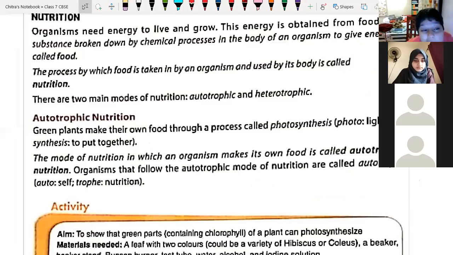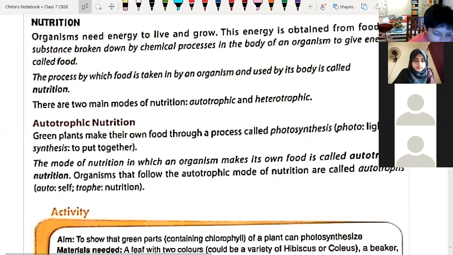Now we are going to understand what nutrition is. It is a very important life process performed by living organisms. Organisms need a continuous energy supply in order to grow and sustain life. In order to stay alive, every living organism requires energy, and that energy is derived from the food they eat.